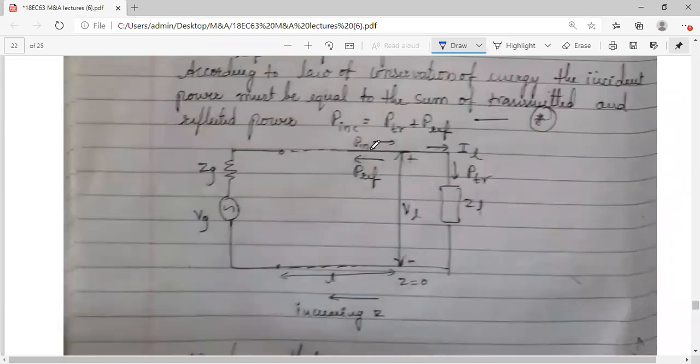You will understand, whenever at some point at the load end the power or the wave gets incident, whatever is incident will never be totally transmitted. Some part will be reflected.